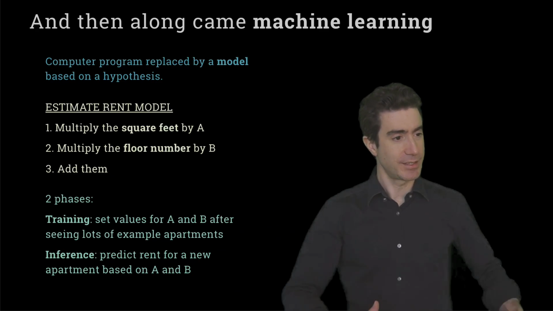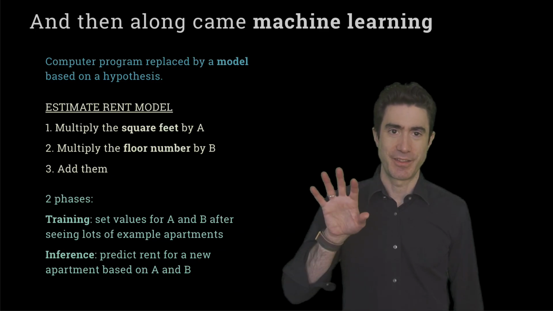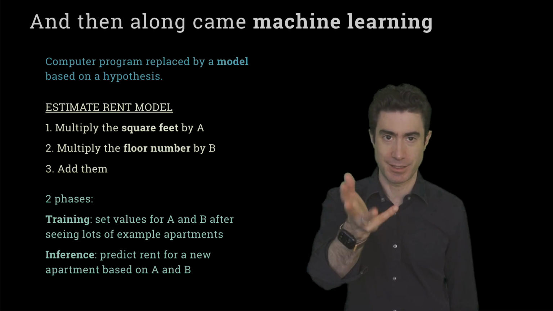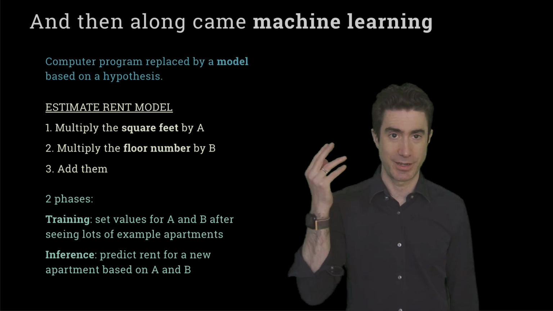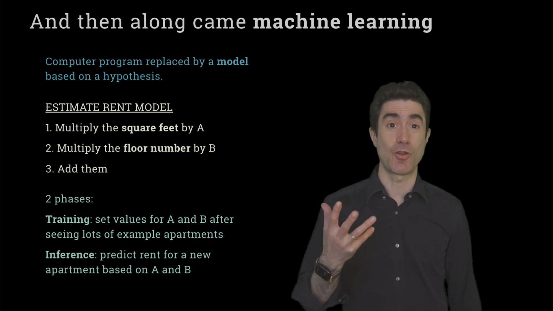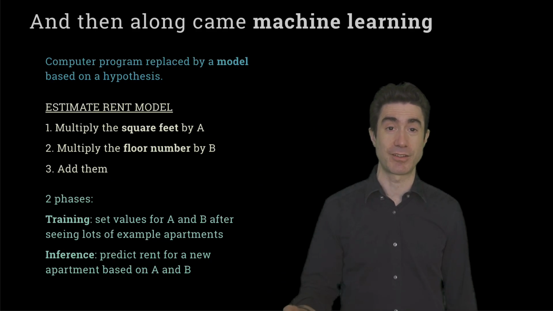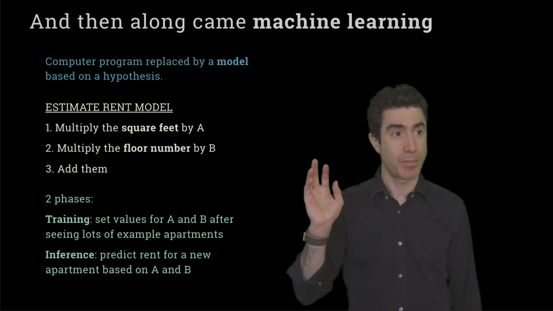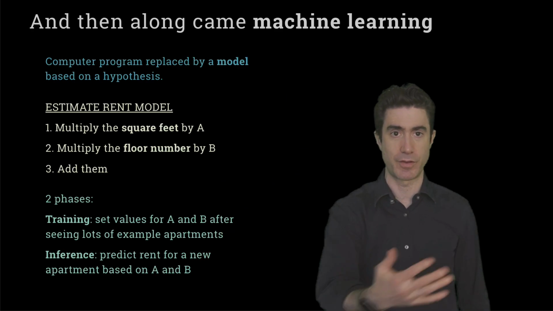There are these two phases of working with machine learning. The first phase, called training, is when you look at lots of examples, in this case, lots of examples of apartments, how much it costs to rent them, how many square feet they are, what floor they are on, and you use all of these examples to figure out how we can set A and B the best so we get the best possible outcomes when we look across all of our training data.